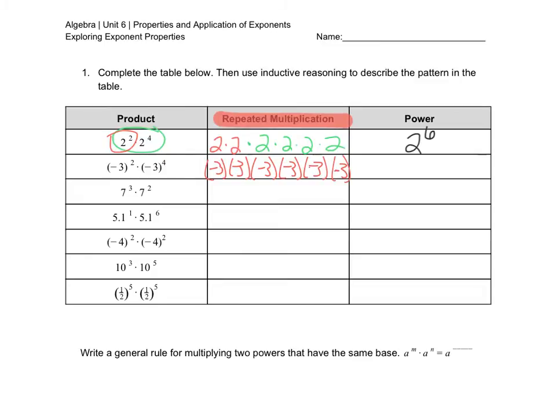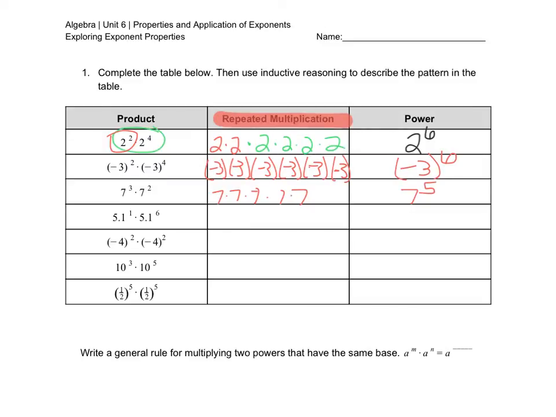All right, so we have negative 3 times itself 6 times. So this power is negative 3 to the 6th power. If I were to do the next one, 7 times 7 times 7 times 7 times 7, which is going to give me 7 to the 5th power.